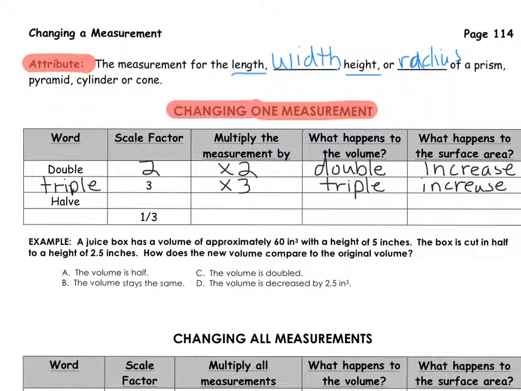Now, another word you might see is half. Your scale factor would be 1/2, which means you would multiply the measurement they tell you to by either 1/2 or 0.5. And so what happens to the volume? Well, if you halve a measurement, then you're going to cut the volume in half.